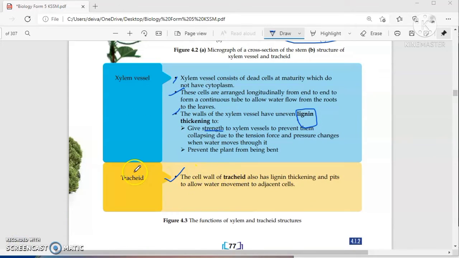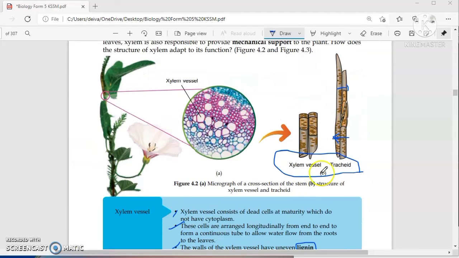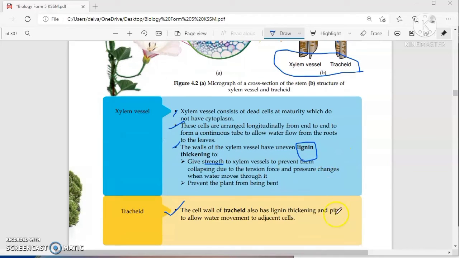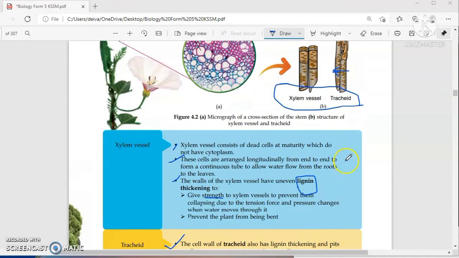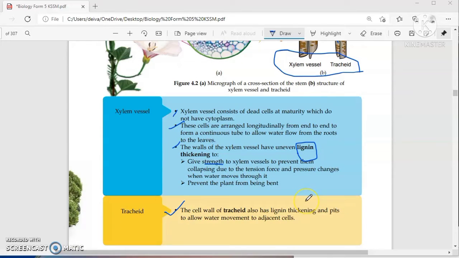Okay, this is what I say. The trachea has lignin thickening and the pits to allow the movement of water to adjacent cells. These are the pits, lubang-lubang ni. The holes here we call pits, to allow the movement of water to the adjacent cells, to the next cells. That is the trachea.